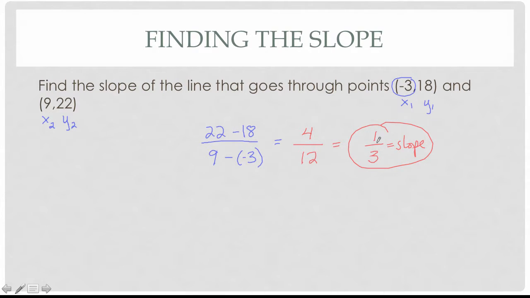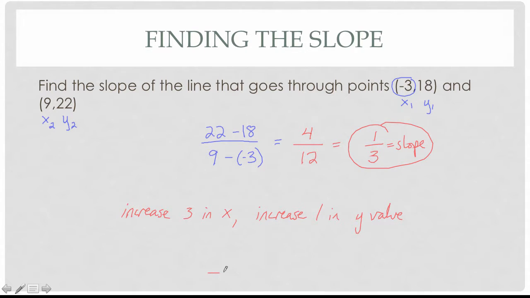2 ways to interpret this. When I increase by 3 on my x values, I increase 1 in my y values. Or my rate is I increase 1/3 of a unit per a change of 1 in x. So there we go, slope of 1/3.